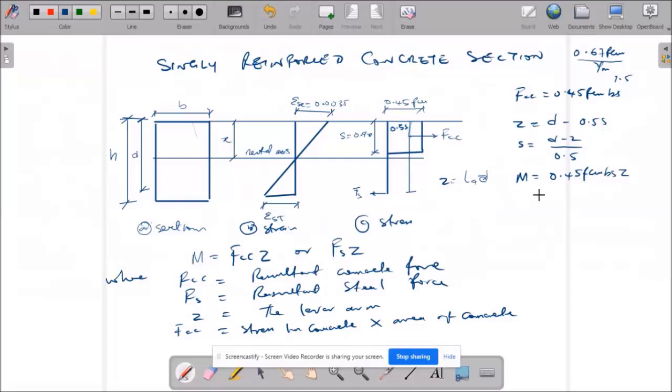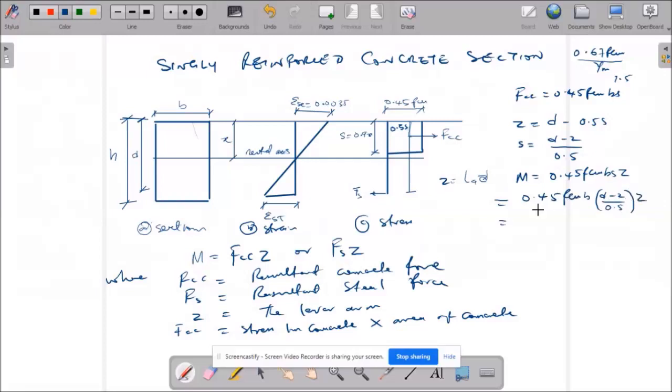When we substitute the value of S here, we have M equal to 0.45 FCU B in brackets, D minus Z over 0.5, close the bracket, then Z outside.